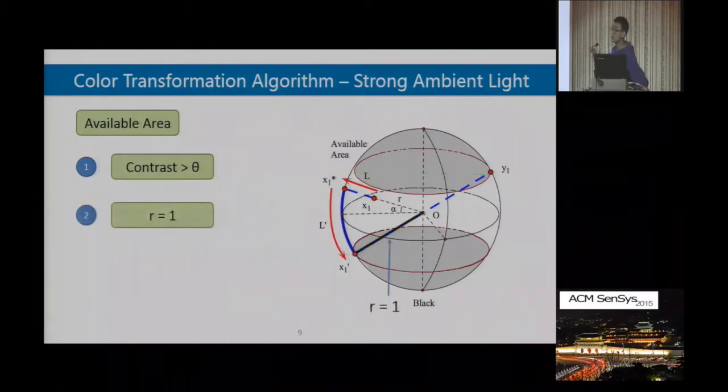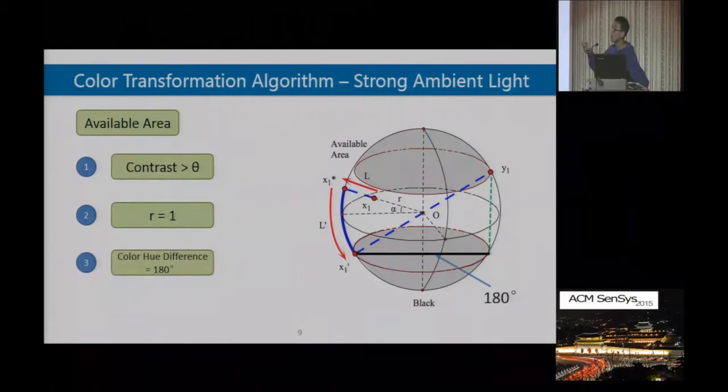And second, we say that RVP gets the highest when R equals 1. R equals 1 means that the color will be on the surface of this sphere, and the color hue difference is equal to 180 degrees, which means the foreground color and the background color are symmetric from this achromatic axis. So these are the factors we have already talked about.